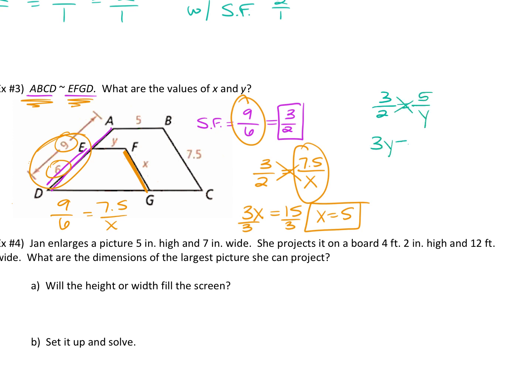So 3y equals 10, divide by 3. So y is 3 1/3. 3.3 repeating is fine. Don't call it 3.3 because that's a different number. That's 3 3/10, right? So 3.3 repeating or 3 1/3 or even 10/3 is fine for that.